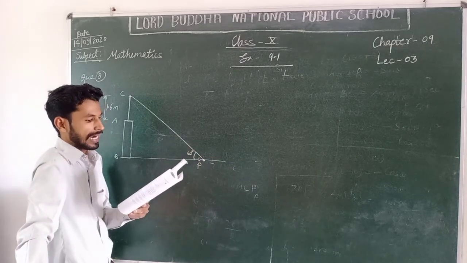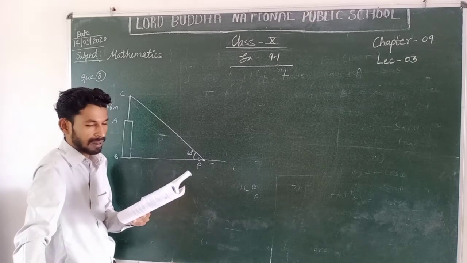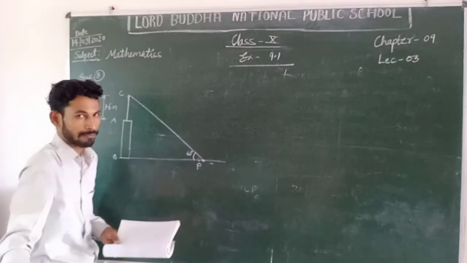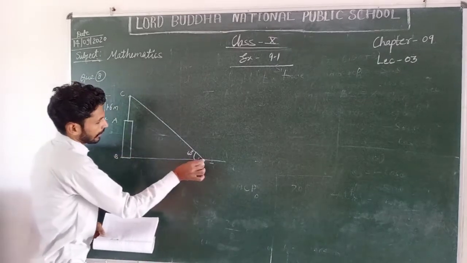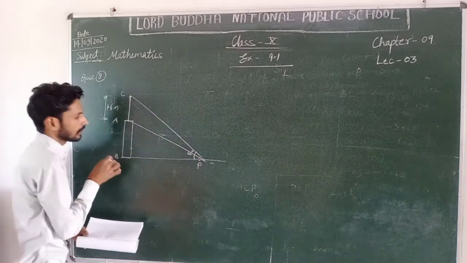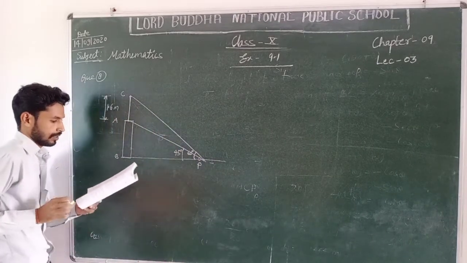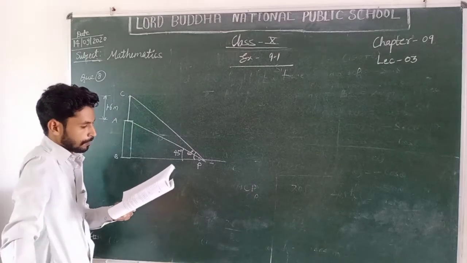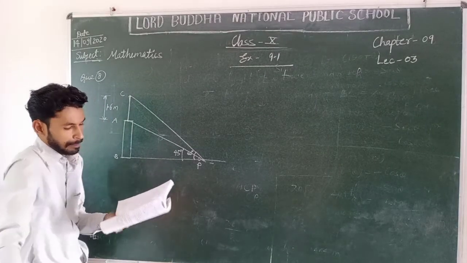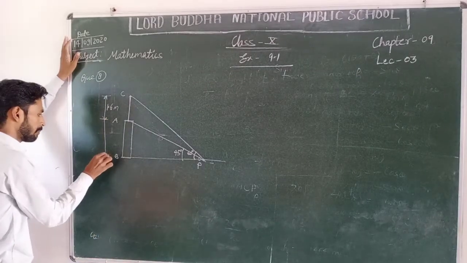And from the same point the angle of elevation of the top of the pedestal is 45 degree. So find the height of the pedestal. We have to calculate the height of the pedestal.